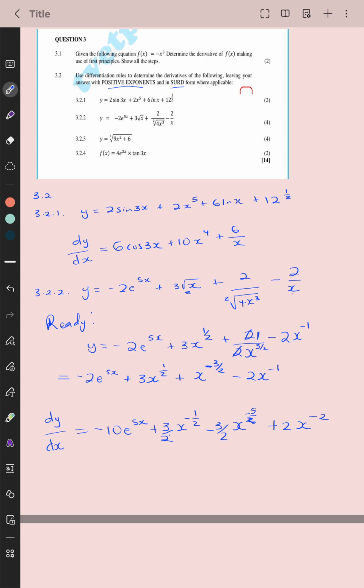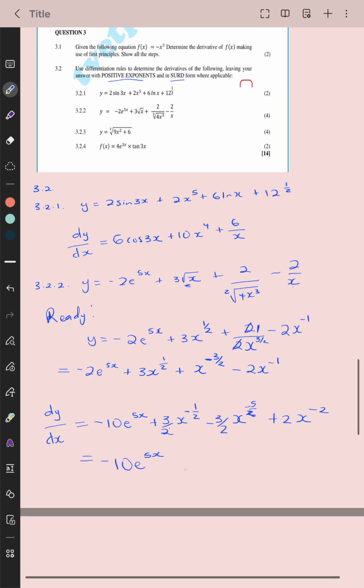Alright, so all the negative exponents must change position to become positive, and all the fraction exponents must now turn into surds. Let's do that. This one is perfect. I love it. It is perfect all the time. All right. Then negative exponent, so it must go down.